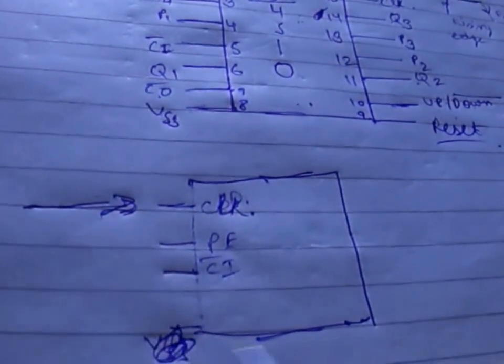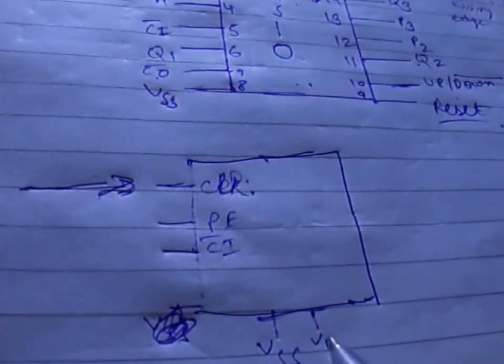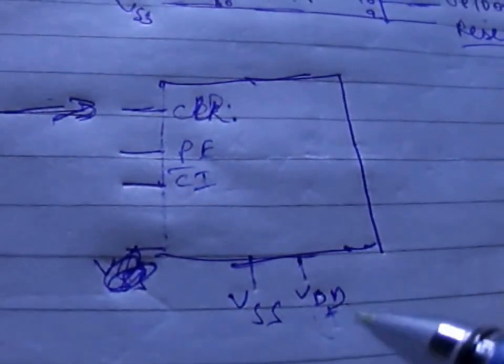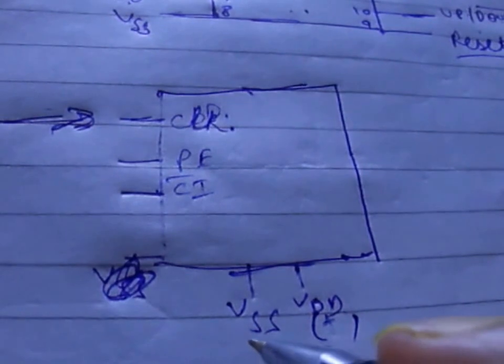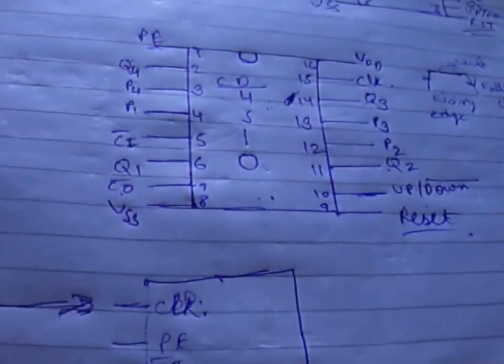Let me mark them here, VSS and VDD. These are the power inputs. So here we will give the positive one, and here we will give the ground. So this is the clock, this is the preset enable, carry input. Now we are left with the up and down.